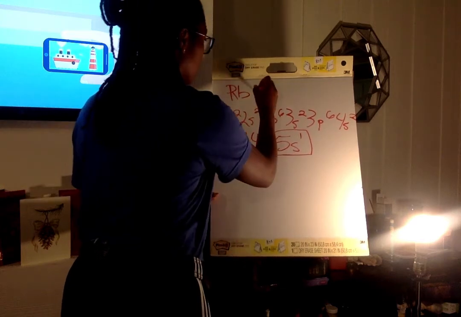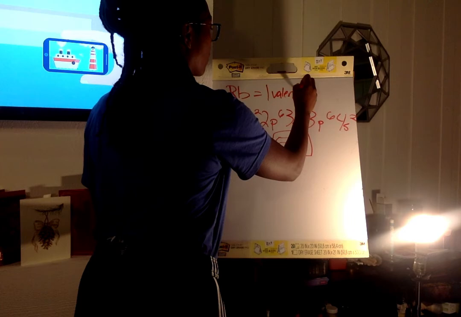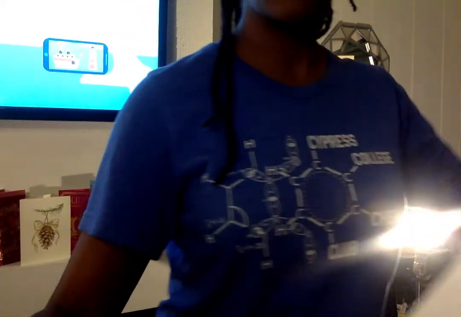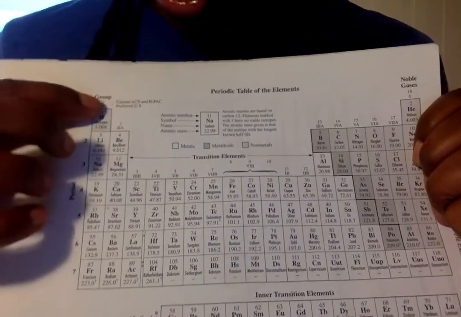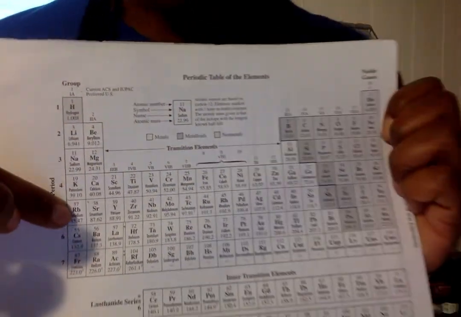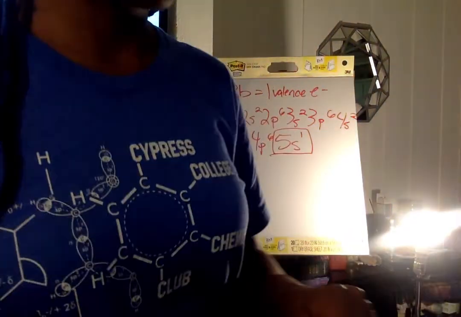So Rb has 1 valence electron. Now if you did it the quick way, you could come to your periodic table. What column is rubidium in? The first column. So it has 1 valence electron. So cool. Makes life so much easier, right?